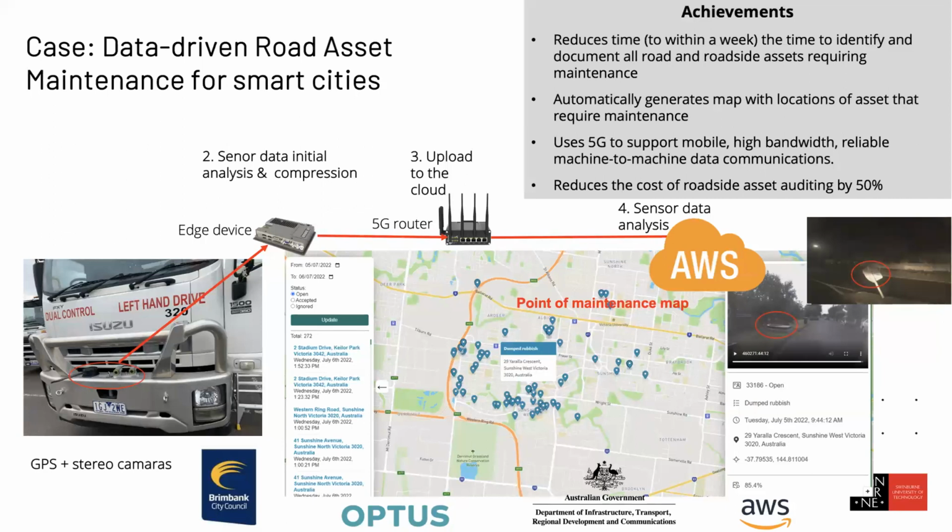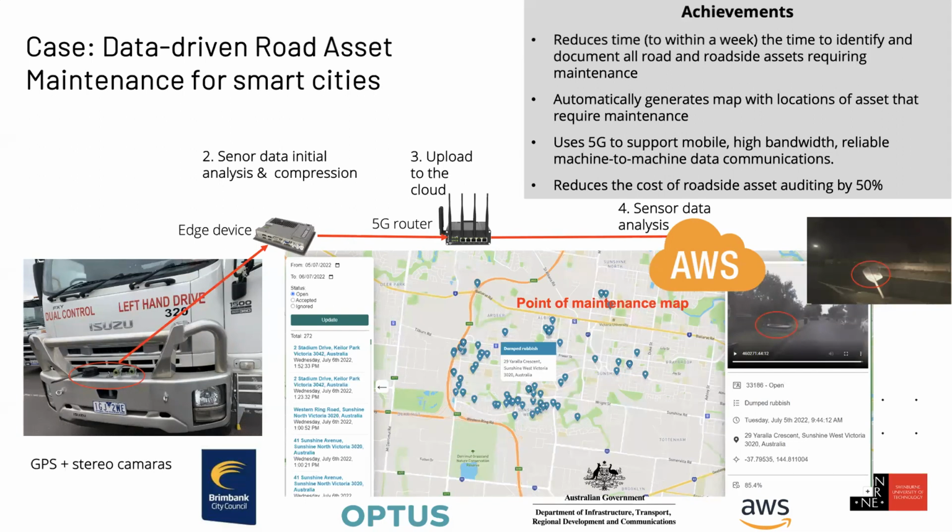The second example is about how we can reduce the time to identify roadside asset problems, and also to streamline roadside asset maintenance. This project was done by Swinburne University together with the 5G support of Optus, and the actual solution has been implemented in real time in the City Council of Brimbank.